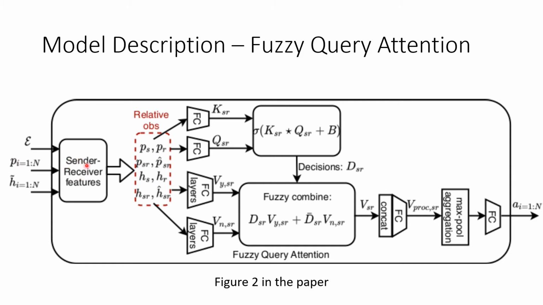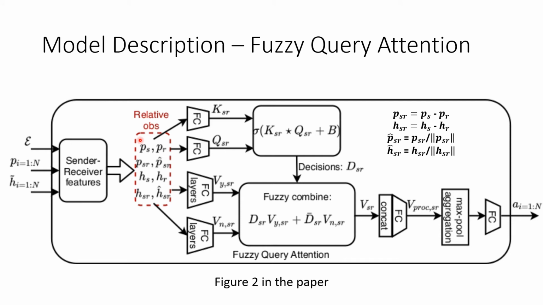So the first thing is to calculate the sender and receiver features. The sender and receiver are the nodes in the graph, corresponding with a pair of connected nodes, and the features here are the position and state for each of the sender and receiver, and also the relative position between the sender and receiver, similarly the relative state, and also the unit vector of PSR and HSR.